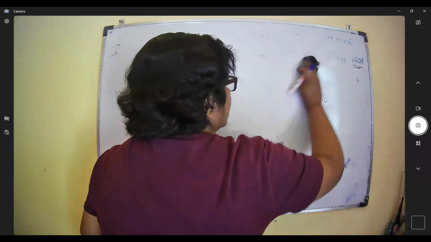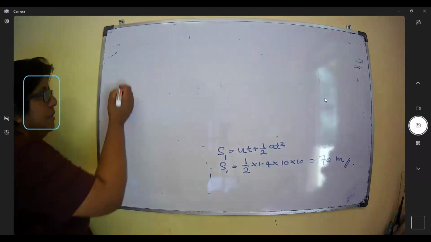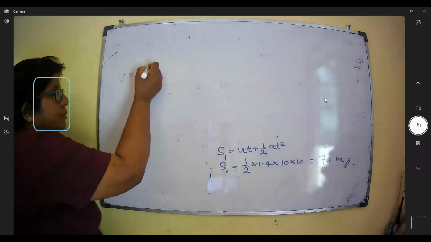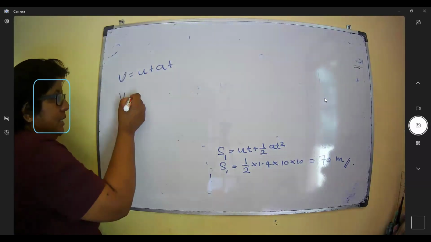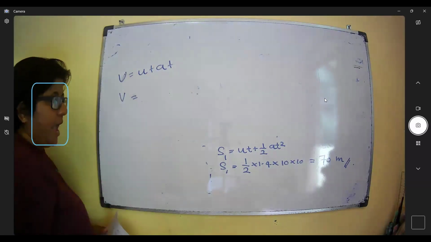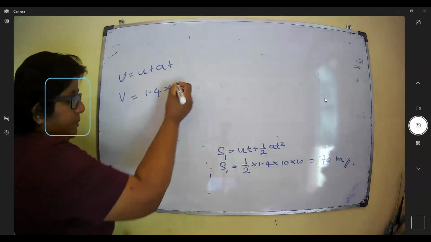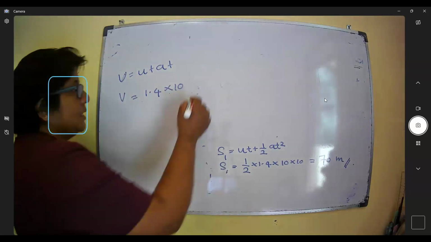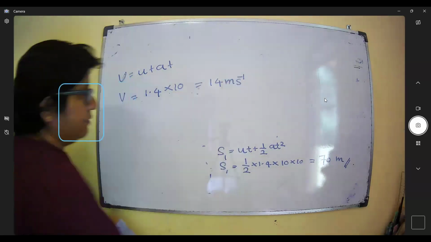The equation is V equals U plus AT. The final velocity equals, initially at rest, acceleration 1.4 into 10. This equals 14 meters per second, the final velocity.